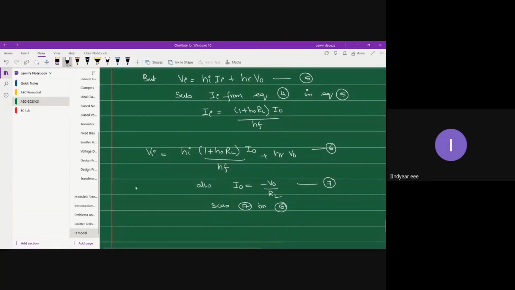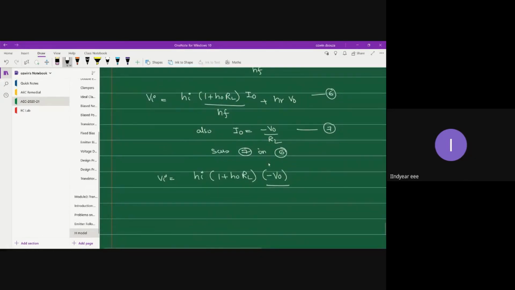So Vi is equal to Hi into 1 plus Ho RL into I naught, and in place of I naught we write minus V naught divided by RL, and you have this term as well, Hf, plus Hr into V naught.